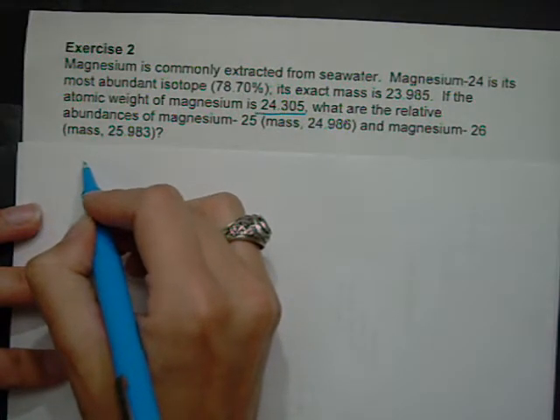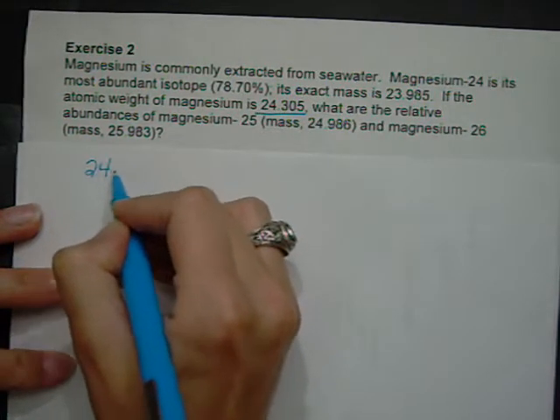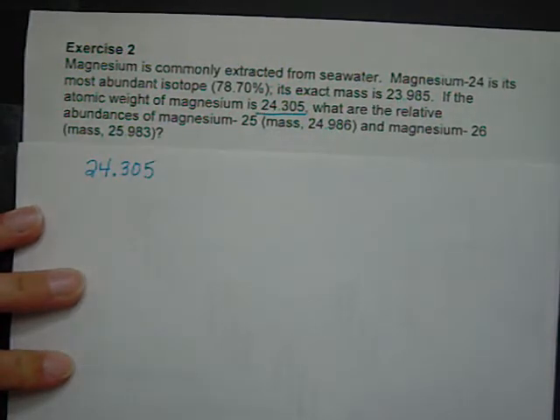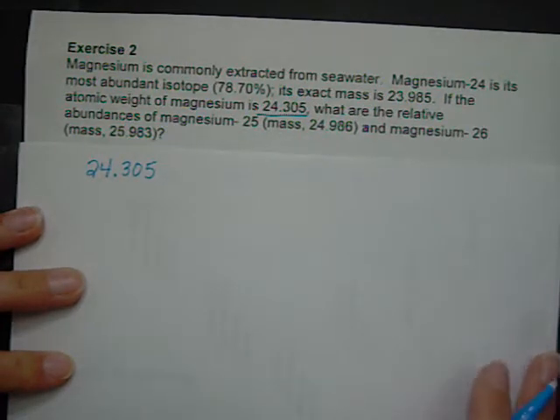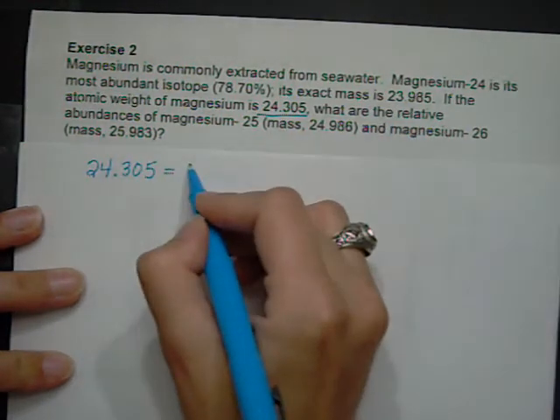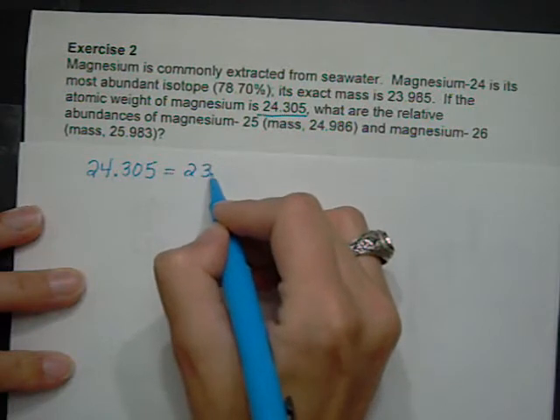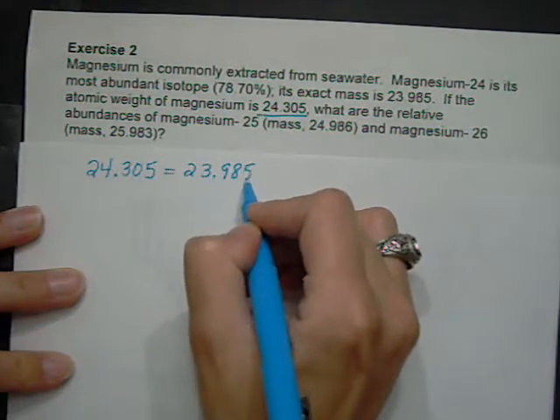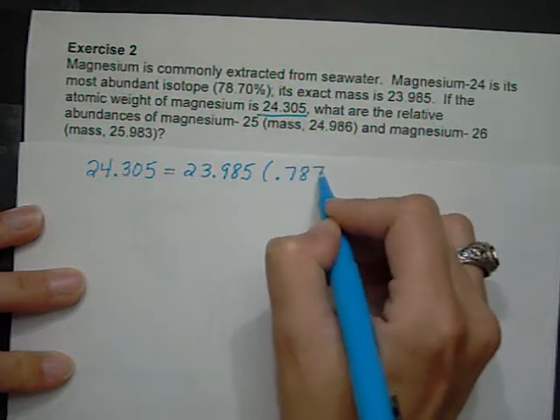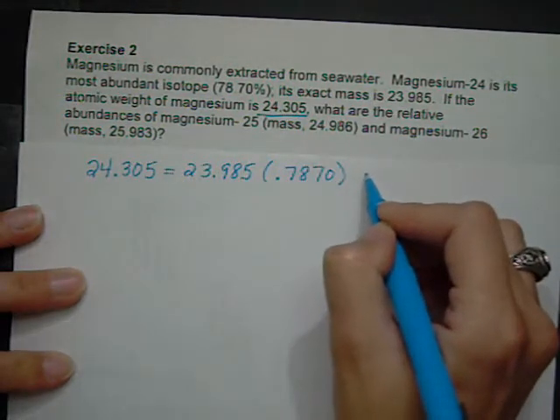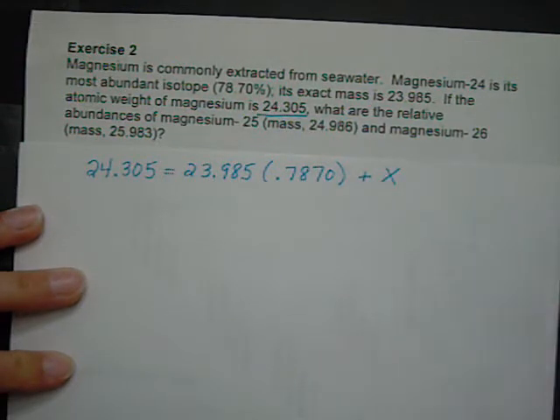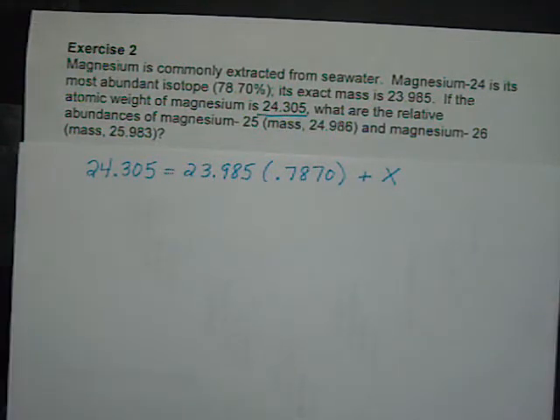Alright? First thing that I'm going to do is say, well, if this whole thing has a mass of 24.305, and I know that one of the isotopes has a mass of 23.985 and is 78.7% abundant, then the remaining isotopes will have the rest of the mass. So that's the first thing I'm going to figure out.